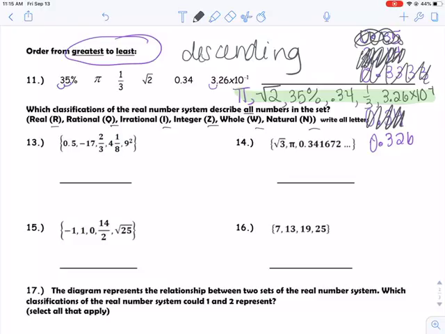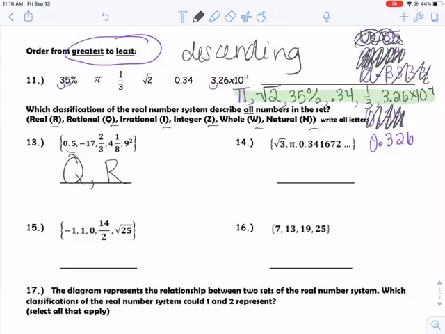Are they all whole numbers? No. They're fractions and decimals, negatives, so that's out. Are they all integers? No. This one's an integer, but this one is not. Are they all rational? Yes. They're all decimals or fractions. So the first one we put is Q, and they're all real. That's all the rational and irrational numbers.